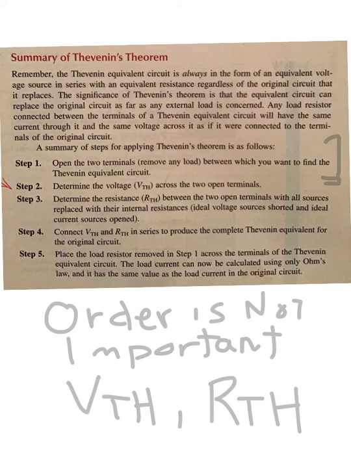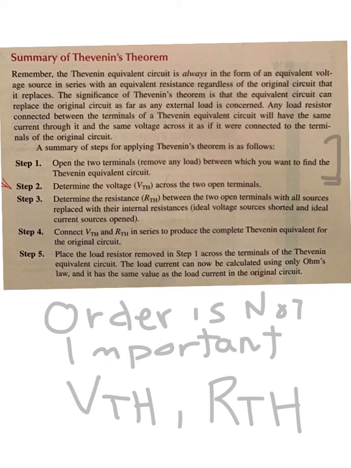So the first bullet says, open the 2 terminals. Remove any load between which you want to find the Thevenin equivalent circuit. So every time you do one of these problems in this chapter, they're going to tell you where the load is. You have to know where the load is, otherwise you have nothing to do.